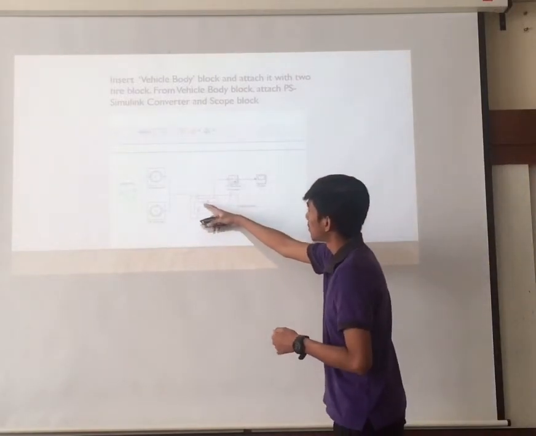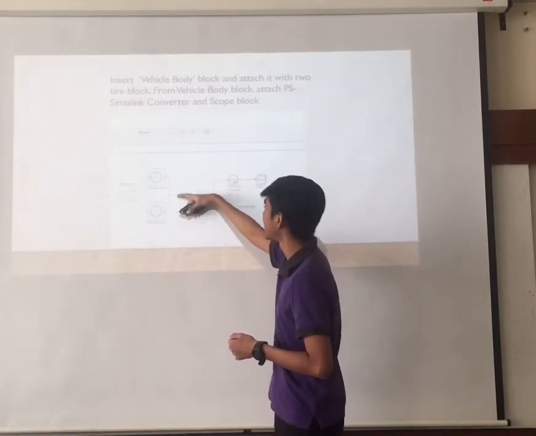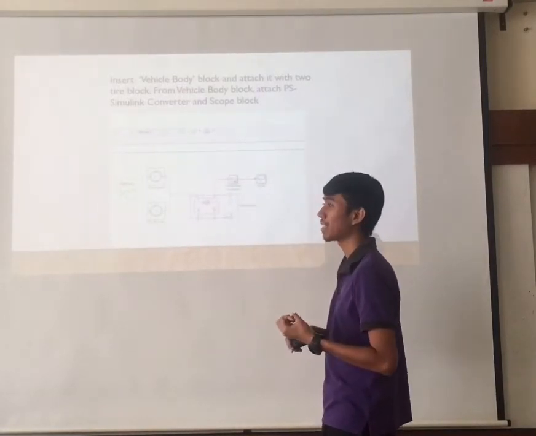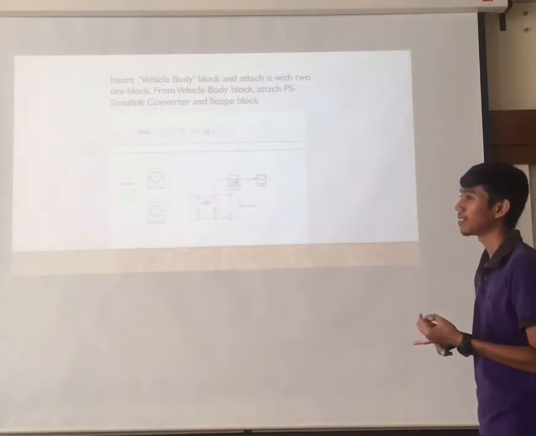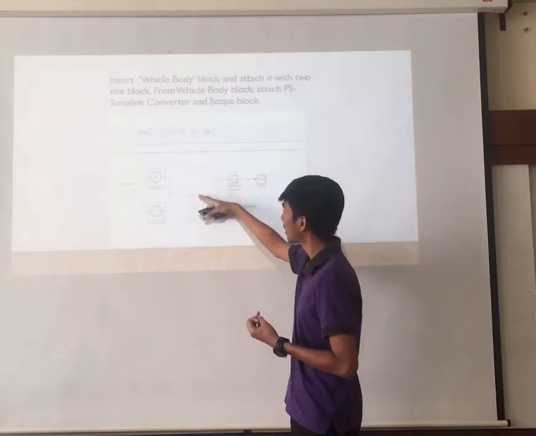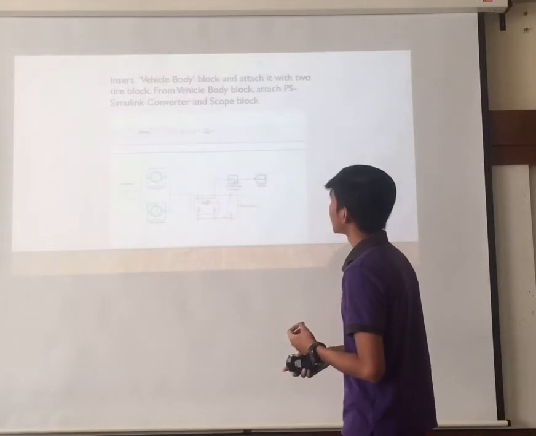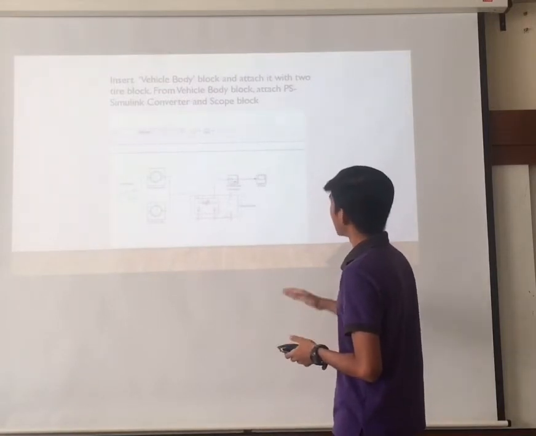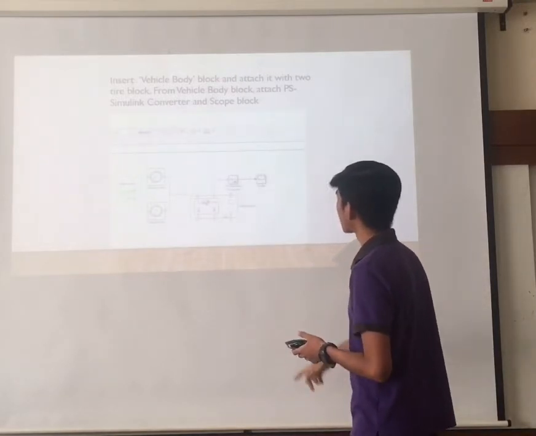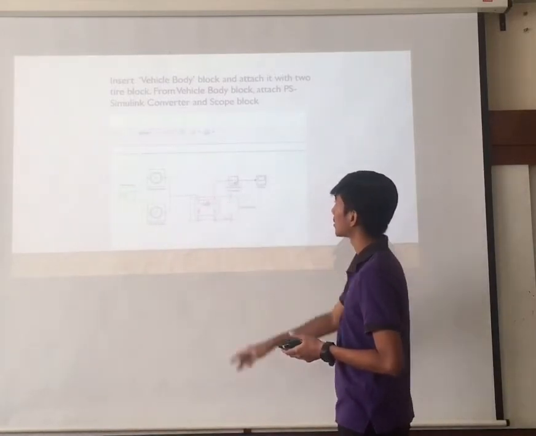This one, as you can see here, is a parallel longitudinal setup, but we can assume that some vehicles are front wheel drive and some are rear wheel drive. So we assume front or rear wheel drive and attach it to the vehicle body, and then we put a PS-Simulink converter and scope at the output, which is velocity.